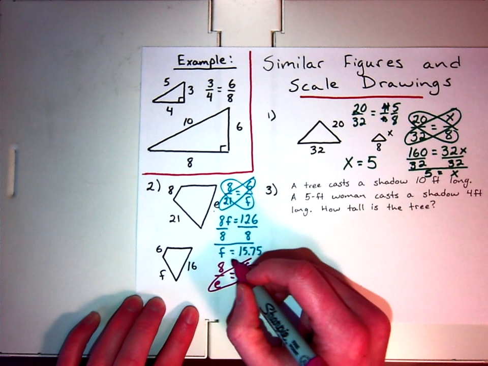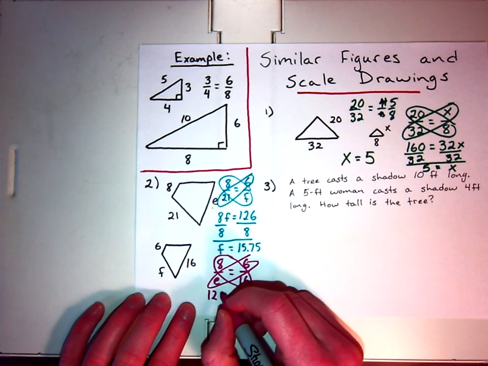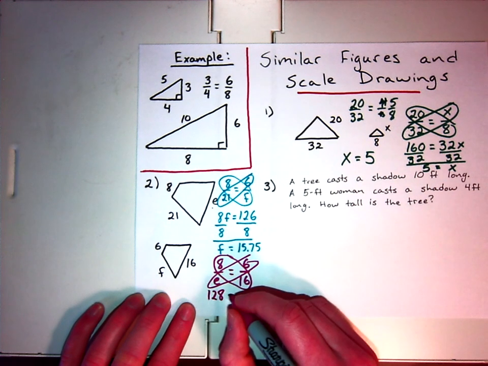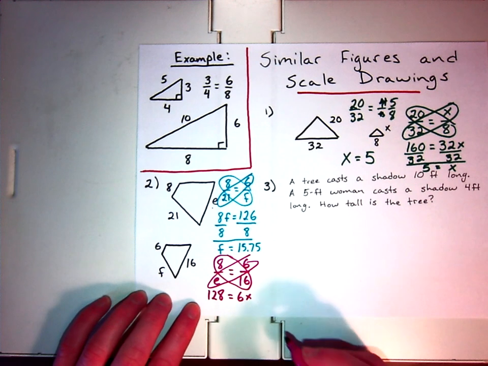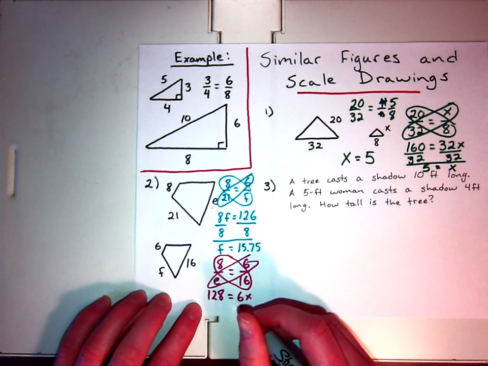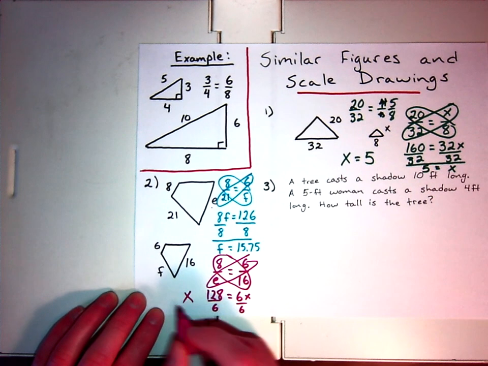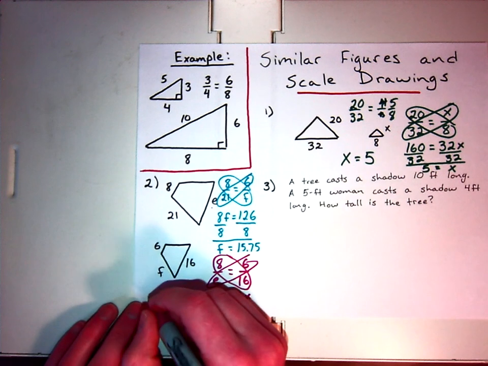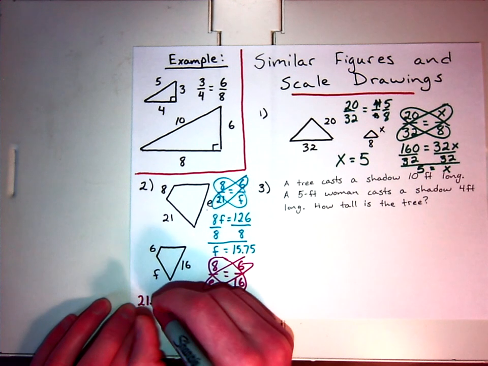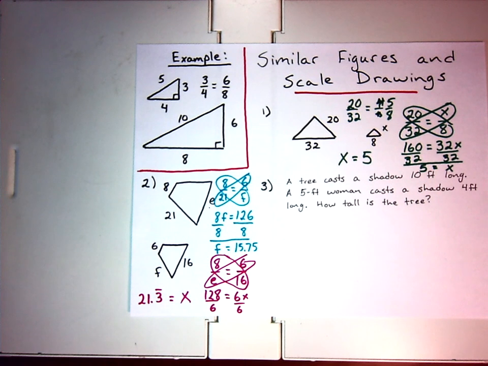Cross multiply with the butterfly method. 16 times 8 is 128, and it's going to equal 6x. So I would need to divide both sides by 6, and I'm running out of space, so I'll write it over here. x equals 21.3 repeating, or it could be 21 and 1/3.